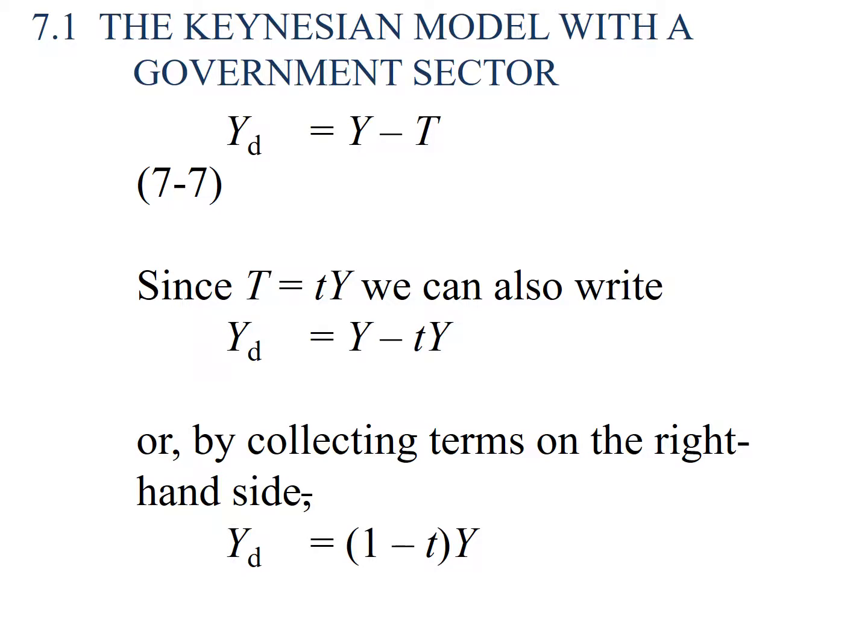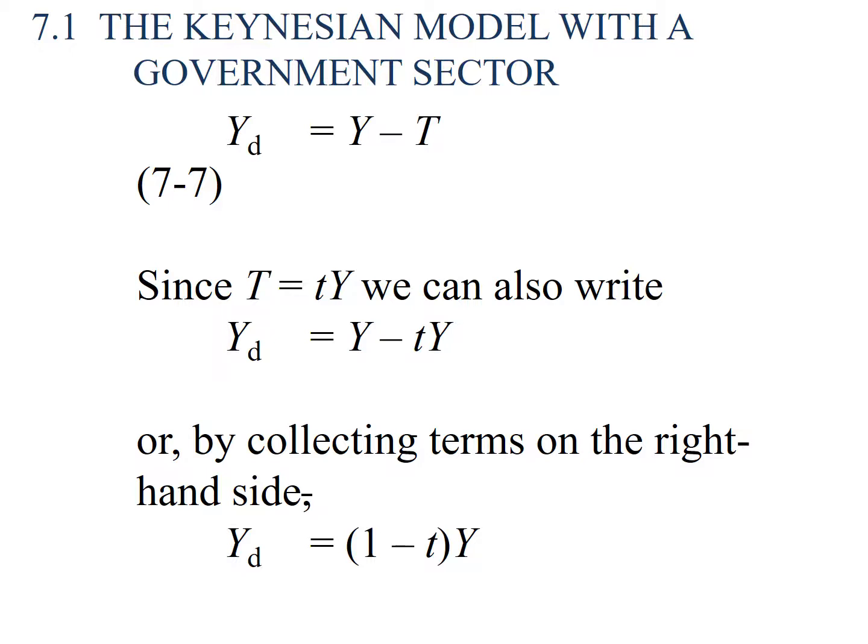And since we can write taxes as small t multiplied by Y, we can rewrite our disposable income as our income minus the proportion of the income that goes towards taxes, or by collecting like terms on the right-hand side, disposable income is equal to (1 minus t) multiplied by income.